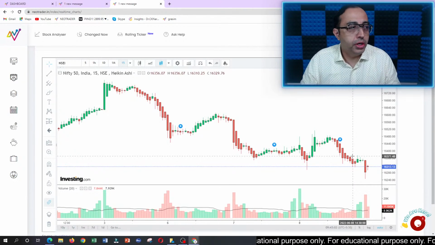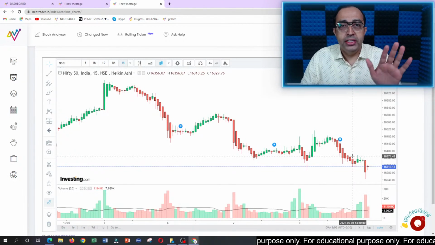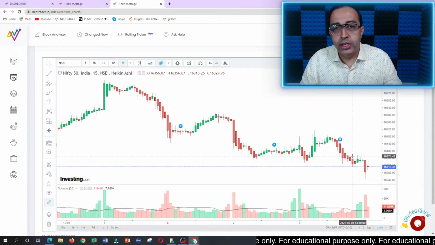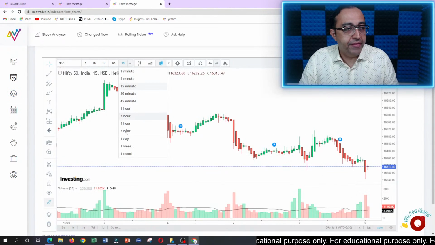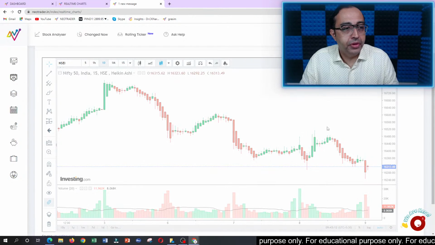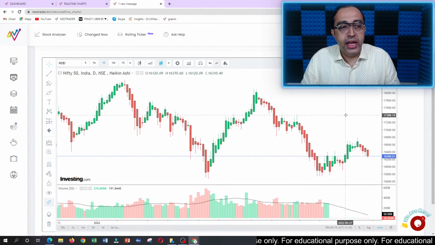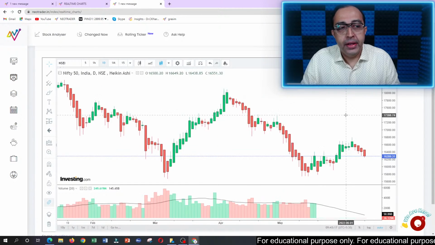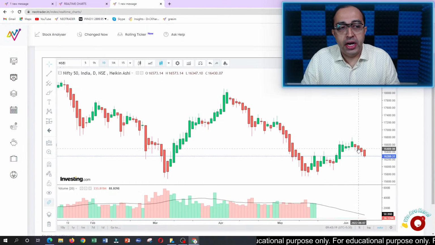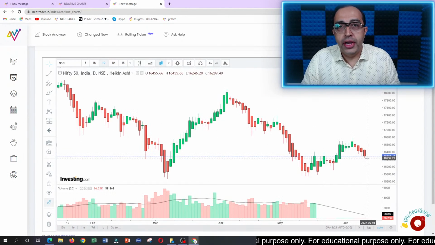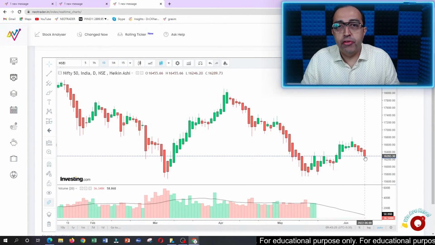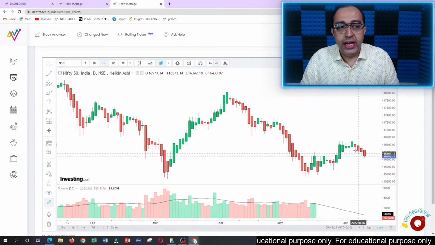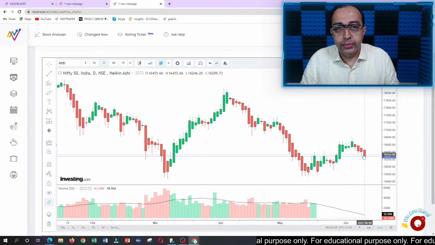Now in every time frame, just like candlestick, the scenario will change. Now if I put a higher time frame, let's say on the daily, what do you see? On the daily, there has been a continuous negative pressure. You can see here that over the last 4 trading sessions, there has been a pressure to the downside.